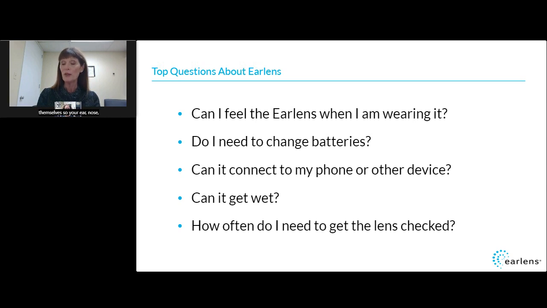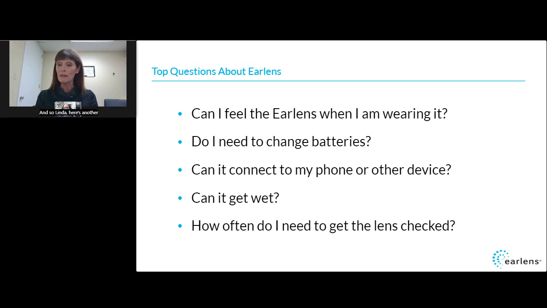So your ear, nose, and throat physician would simply remove the lenses and put them in a contact lens case. You'd go and have your MRI, and then they would simply be placed back on your eardrums afterwards. So during that time, you might want to wear your traditional hearing aids to and from the doctor's appointment for your MRI.